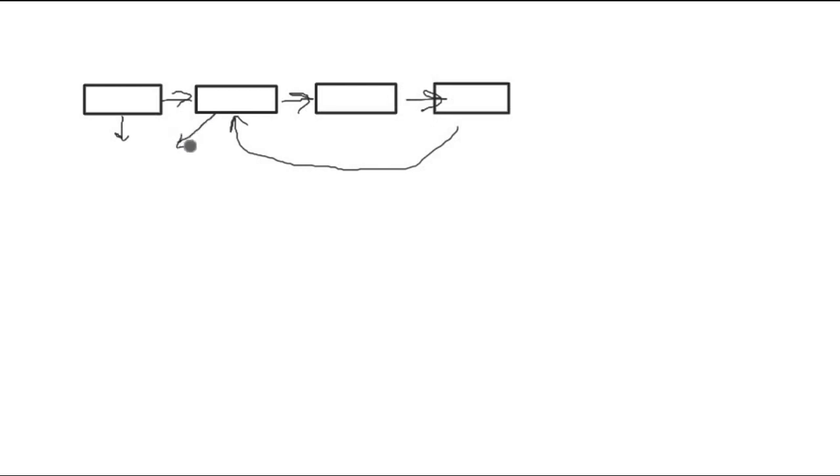This node will also point towards that temporary node. This node will also traverse towards it, and we will keep checking whether it is already pointing towards it or not. If it is already pointing towards it, then it means we came again to that point. If it is pointing towards it already, then we will say that we are stuck in a loop, or we will return the value true.